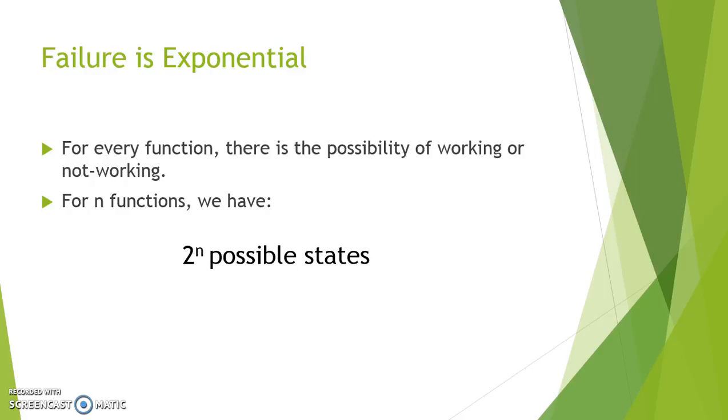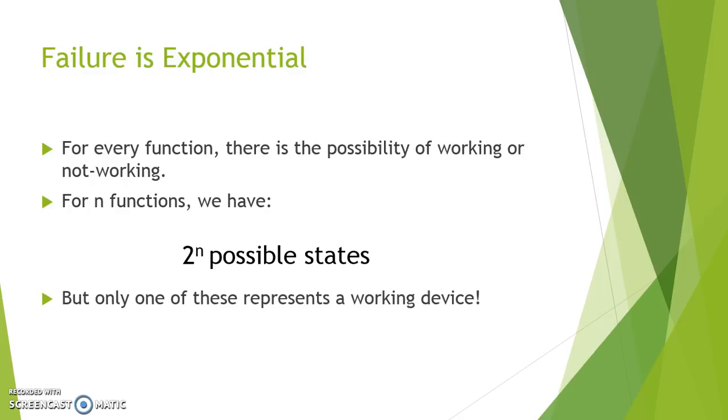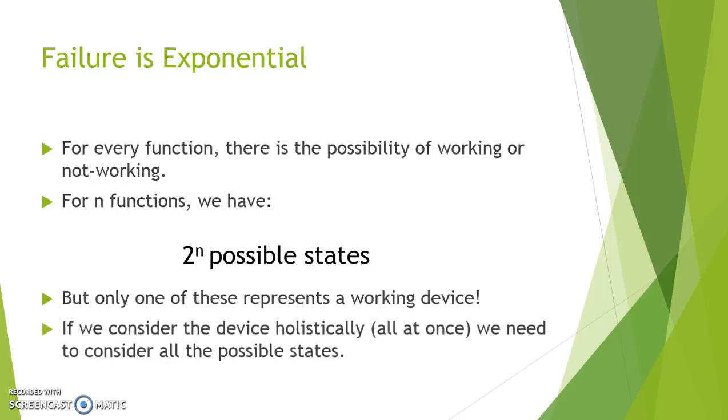So what does that mean? Well, unfortunately, the only one that represents a perfectly working device is every component working. And all the other possible states that we have represent a not working device.